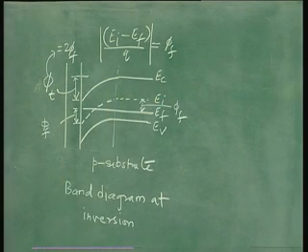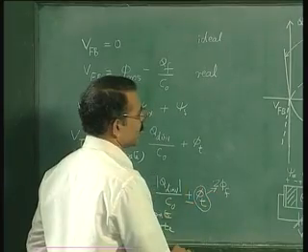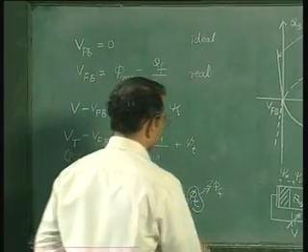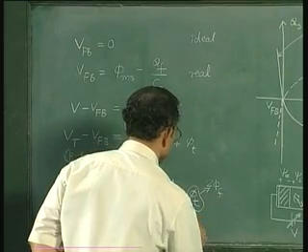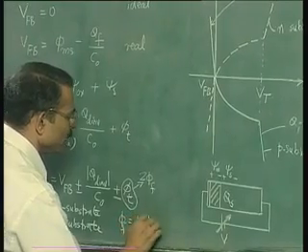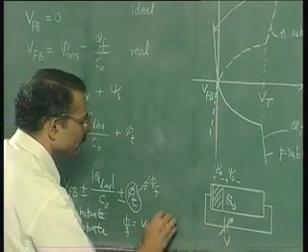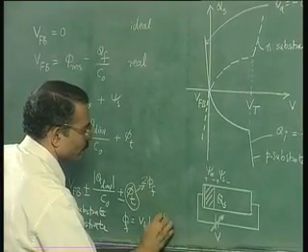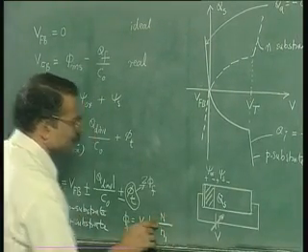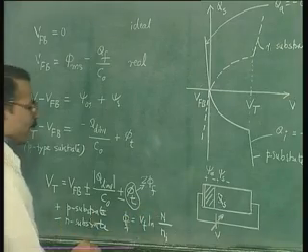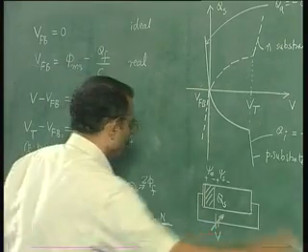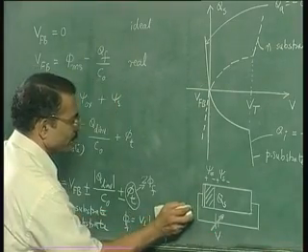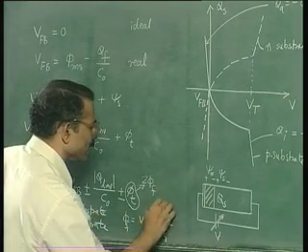So this is the reason why this phi t is also written as twice phi f, where phi f is Vt ln of doping by Ni. Now this doping could either be acceptor type or donor type. So we can write here suffix A or D, because for both this formula is valid.